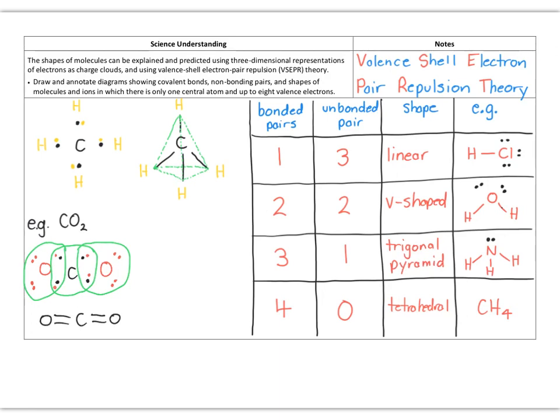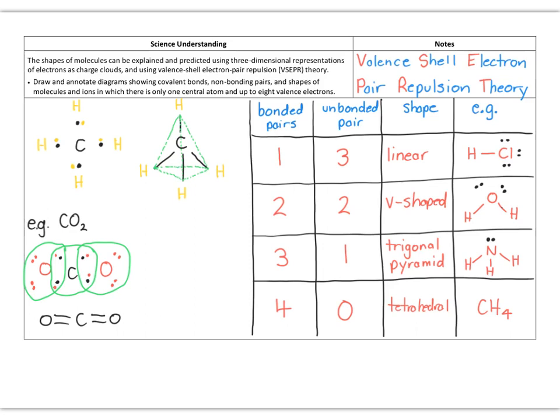Now, there's probably a hint there that you're thinking it's linear because of the way I've drawn it. But just to explain why it's linear, you've basically got 2 regions. You've got a region of 4 electrons on this side, a region of 4 electrons on this side. So those 2 regions of electrons are going to repel each other as much as they can. If you've got just 2 things, the best way they can repel is just to push away from each other along a straight line.